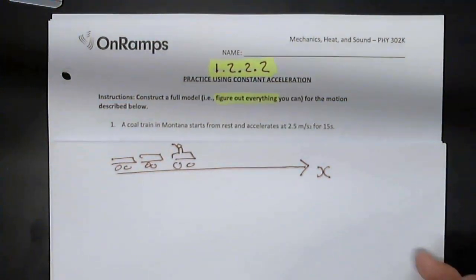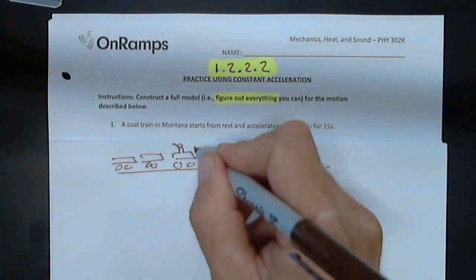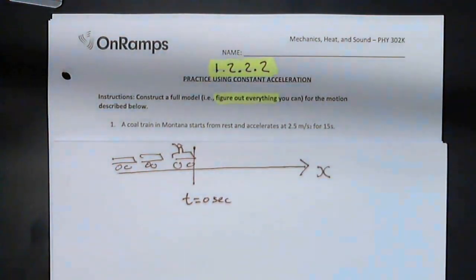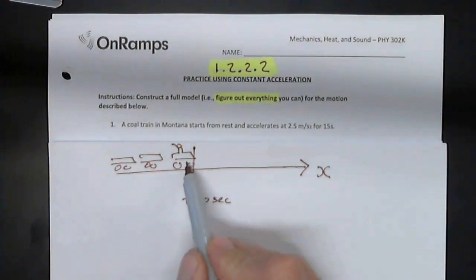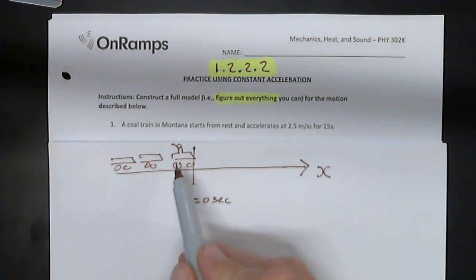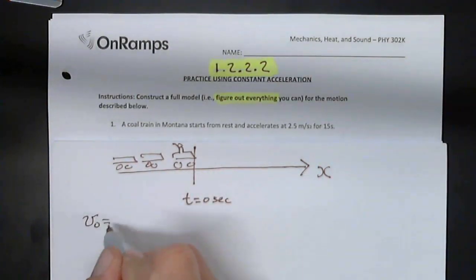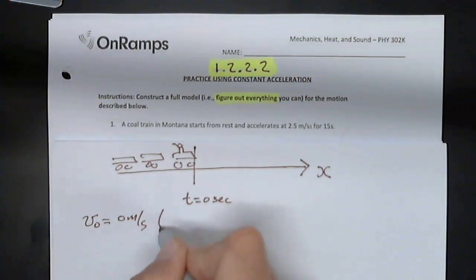And we are going to pretend that at time 0, the train is right here at 0 seconds. And because they said that it starts from rest, the train was stopped. That means the initial velocity is 0 meters per second.